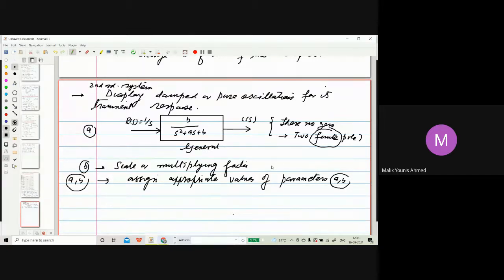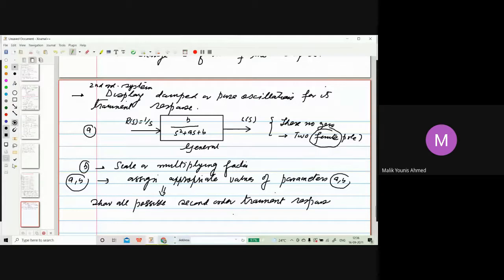Because by substituting appropriate values in the constants a and b, we will be able to show all possible second order transient responses. That I will tell you one by one.